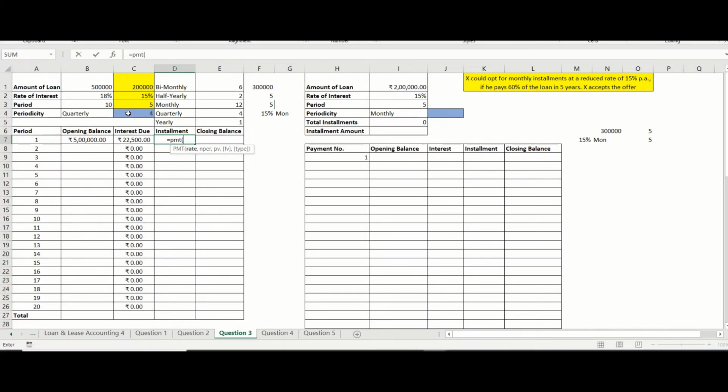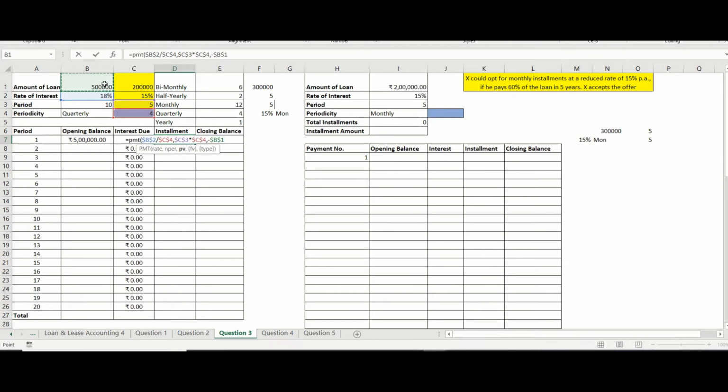Payment function, the rate is 18%. I fix it, divided by the periodicity, which is 4 because it is quarterly payments. NPR is my period multiplied by periodicity. So first 5 years multiplied by quarterly installments, which is 4, right? My PV is minus of this, right?